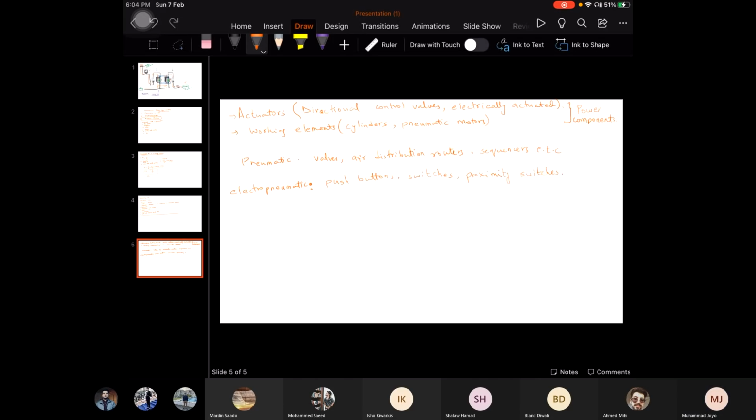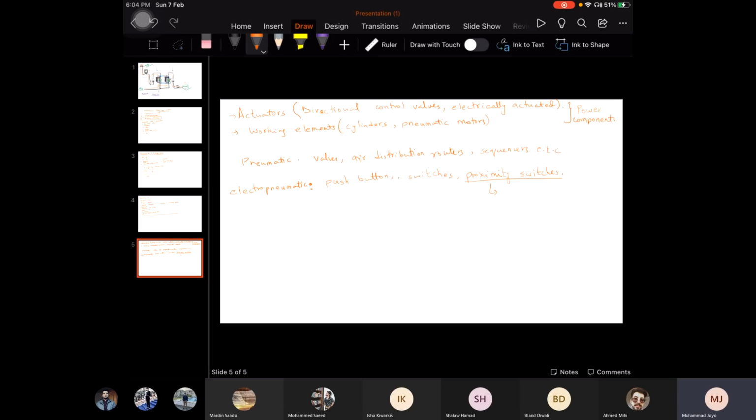By proximity switches I mean that we call them limit switches as well. These include limit switches as well.